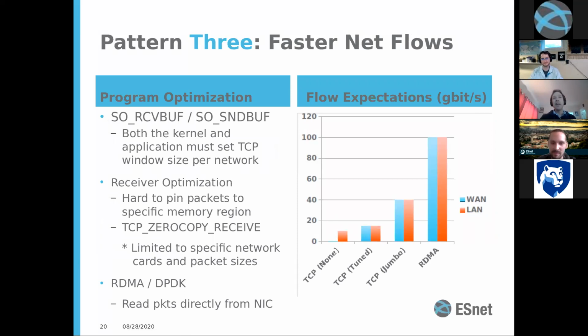So I just came up with some flow expectation numbers. These aren't real numbers, but they should be good baseline numbers of generally what you can expect when you start doing particular optimizations. So there's this really small number, which I don't think you can see. This is TCP over the WAN.